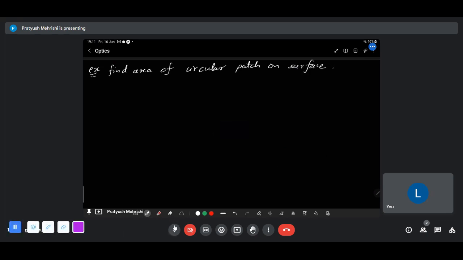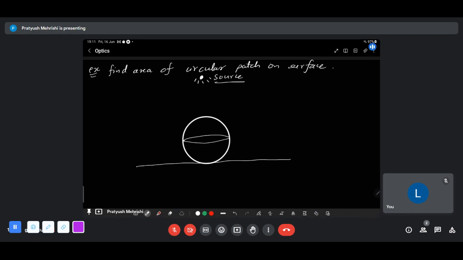This is a surface. Over the surface, a spherical ball is kept. And this is the source.